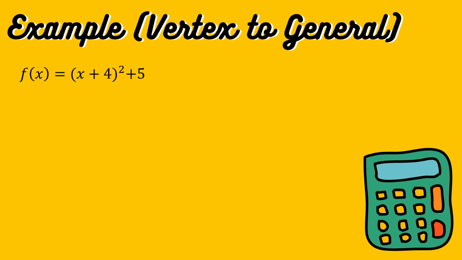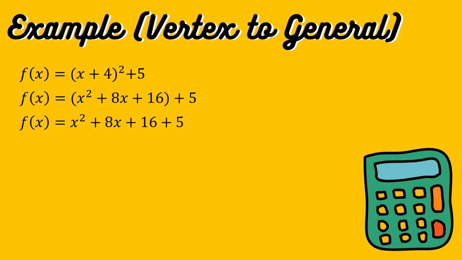So for this example, we have f of x is equal to x plus 4 squared plus 5. So expand, you will get x squared plus 8x plus 16. As I said earlier, 4 times 2 is 8, and then 4 squared is 16.